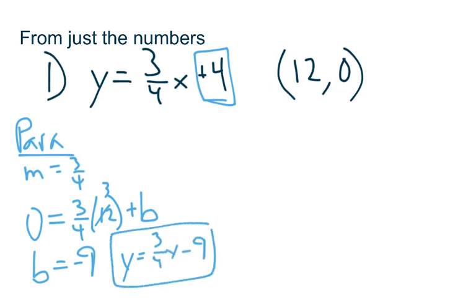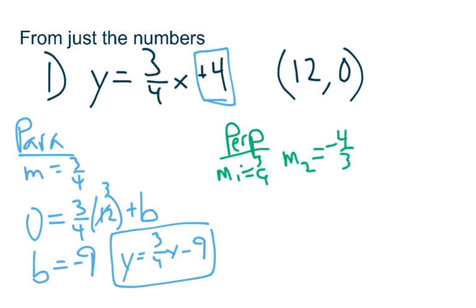There's one equation. For perpendicular, I always like to identify the slope first. So m1 is equal to 3/4, meaning m2 has to equal -4/3. Plug in my point now: 0 equals -4/3 times 12 plus b.